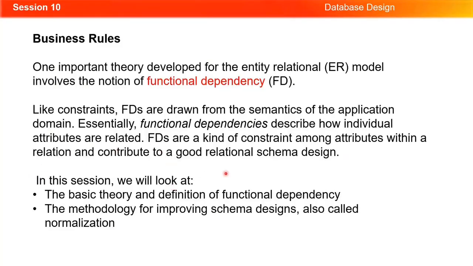Functional dependencies are a kind of constraint among the attributes within a relation and contribute to a good relational schema design. So in this session, we will look at the basic theory and definition of functional dependency and the methodology for improving schema designs, also called normalization.